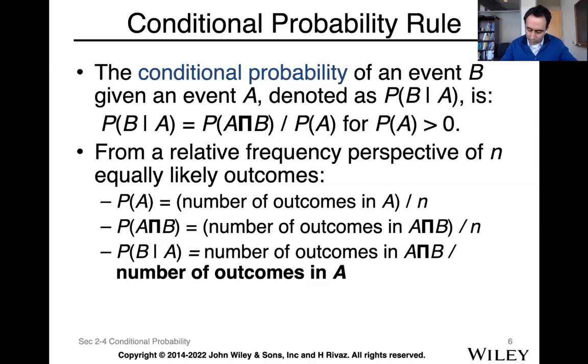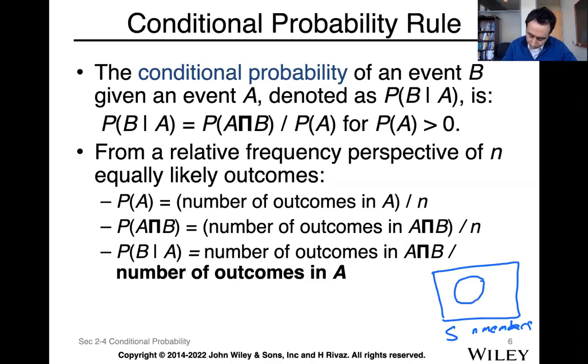So what do I mean by that? I mean that if this is our sample set S and it has N members, right? So S has n members, and we have set A here, and if I have set B here, when I write P of B given A, that means that for sure one of the outcomes here has happened, right?